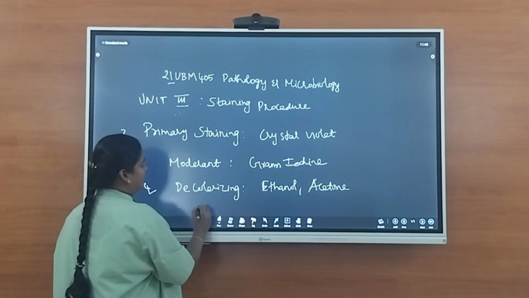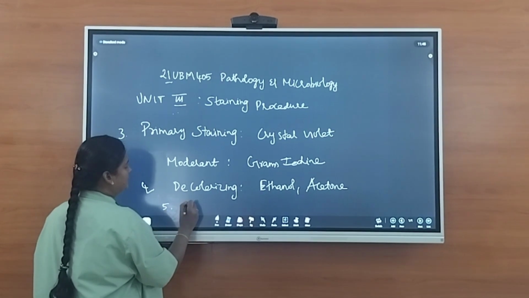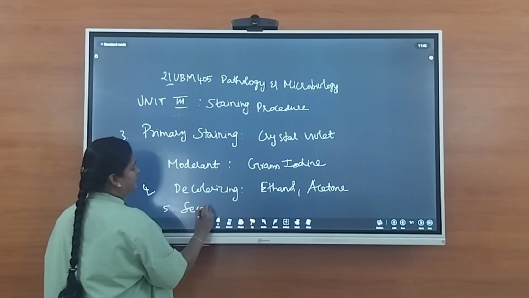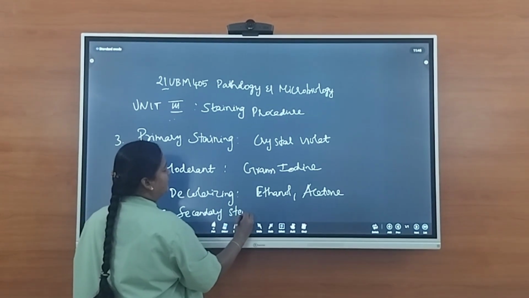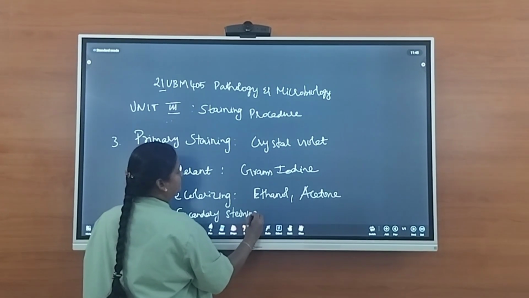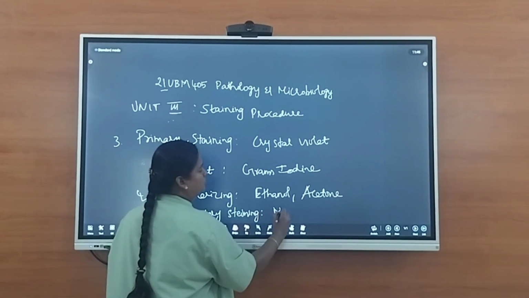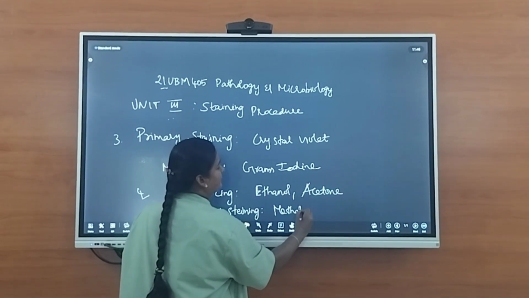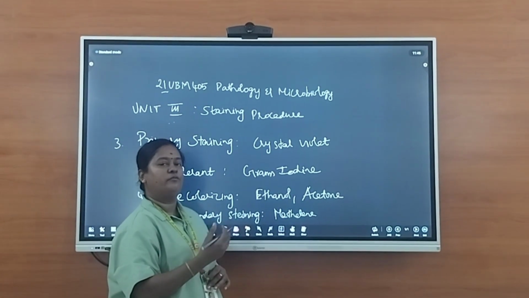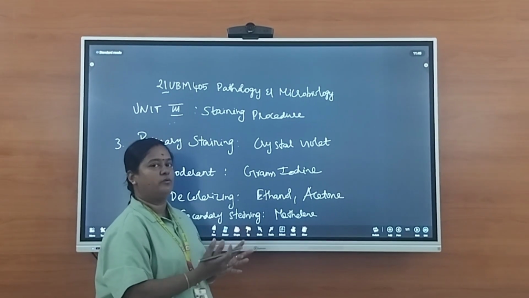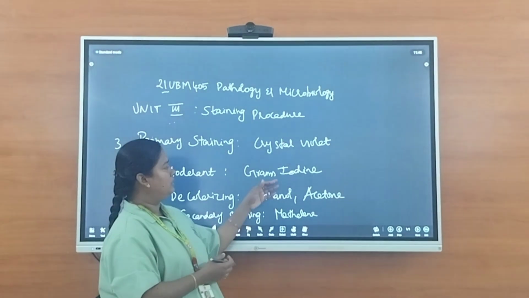After the decolorizer, the final step is the secondary staining procedure. Here we are adding methylene blue as a secondary stain, in order to view the bacteria. If it is gram negative, we should be able to view it anyhow.